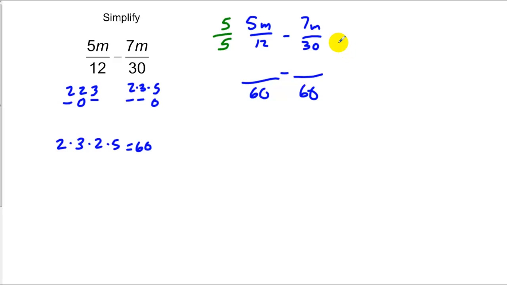And 30 to 60 by multiplying, that's a 2. Multiply across, I end up with 25m, 14m. I have common denominators. I subtract like terms in the numerators. So I have 25m minus 14m, which is 11m over 60.